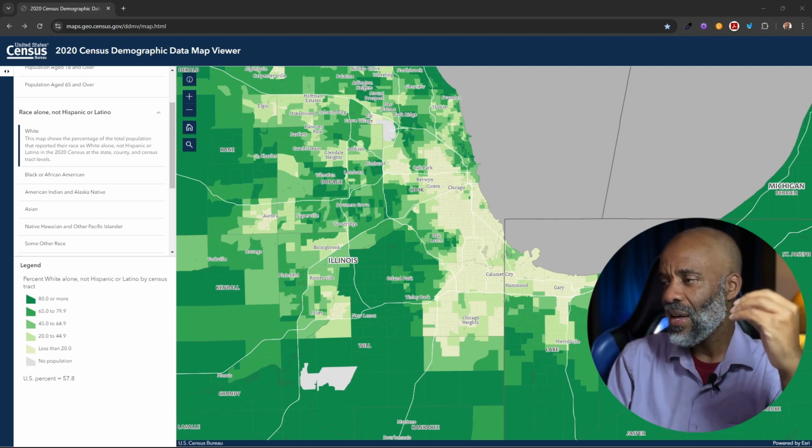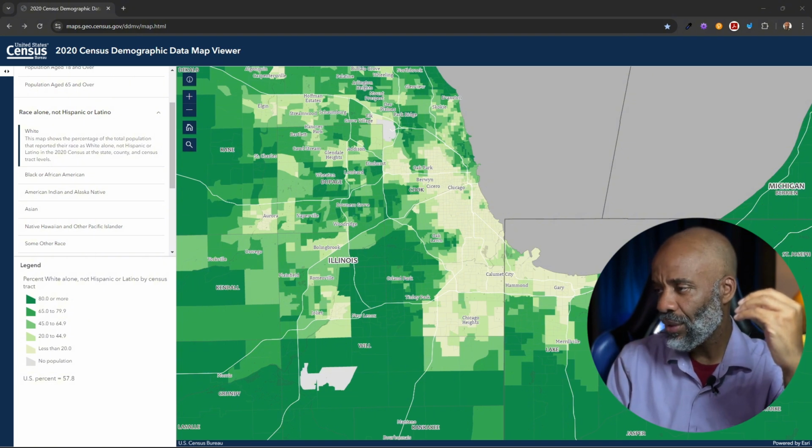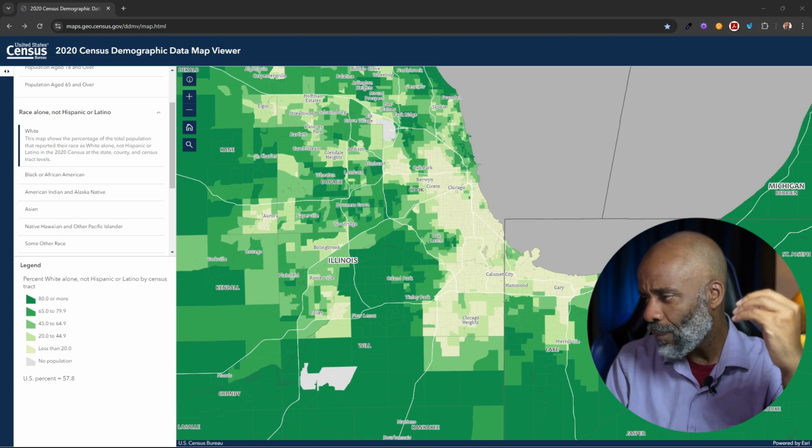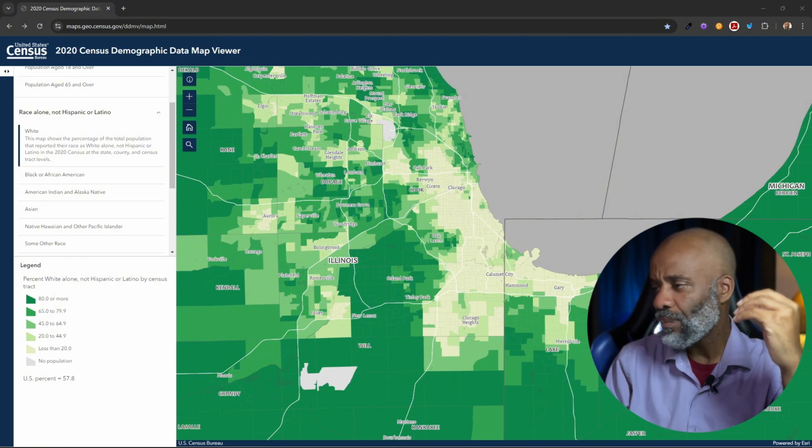And as you can see, they're pretty much in the western part of Illinois, and maybe in the north, around Chicago. And down here in the south, around Chicago Heights, they're not really there.